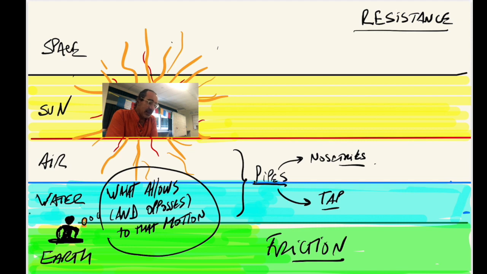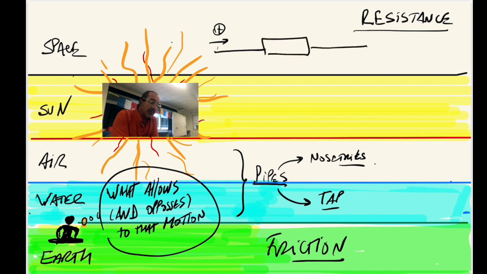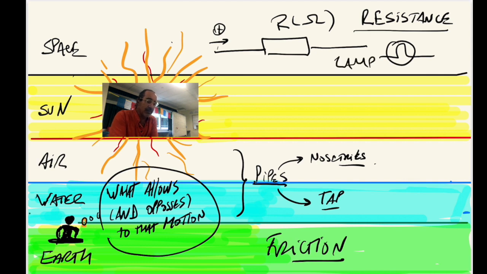What allows and opposes the flow of charge? Let's look at this first. Charge is moving through wires or lamps, and we call these resistances. We measure them in ohms, we shall study them. A lamp is a resistance, a wire is a resistance. Anything that allows the electrons to move along is called a resistance.